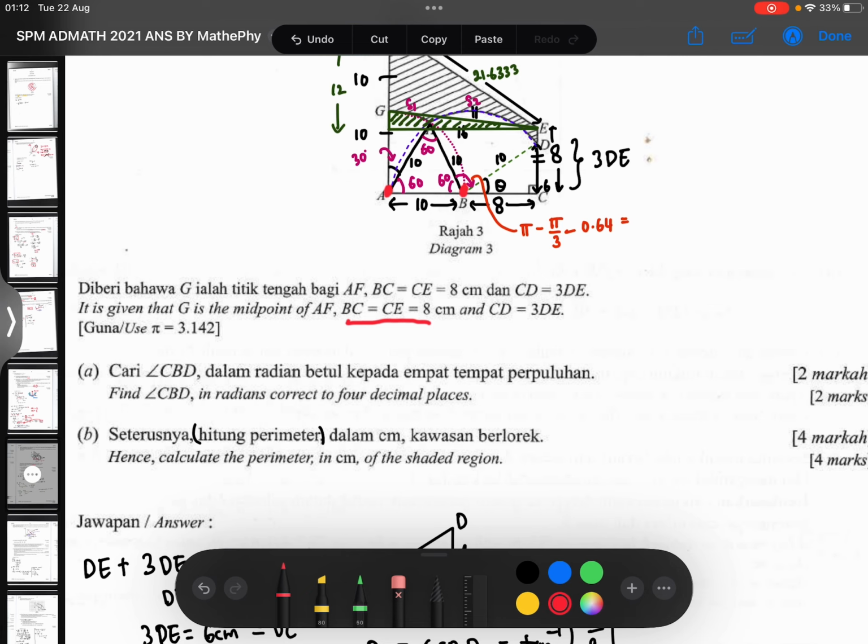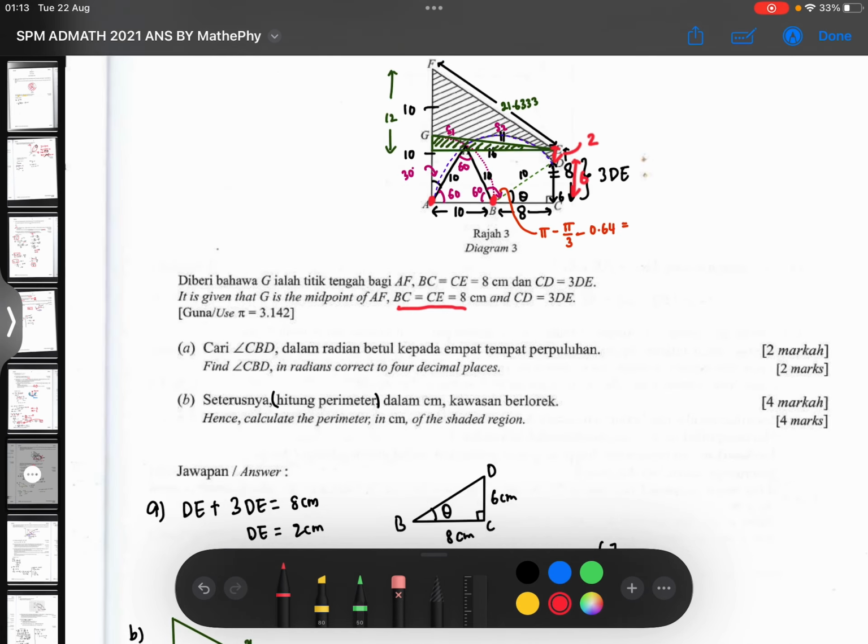Okay, and CD equals 3DE, which means you need 3 units of this to achieve this length. So you can calculate that this part is actually 2 cm, and this is 6 cm. So total is 8.